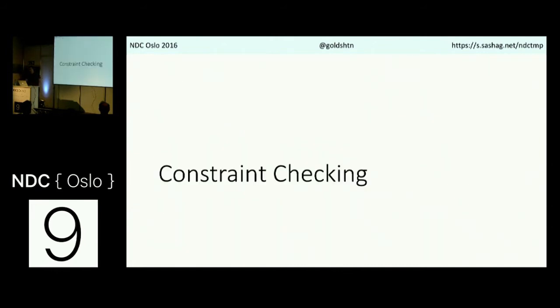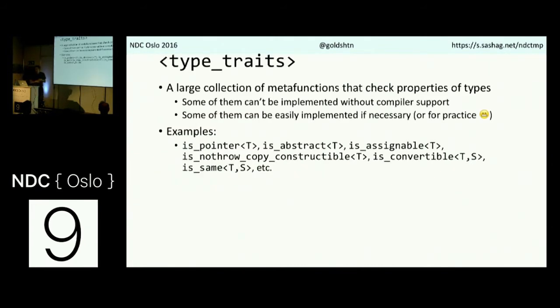So let's start with constraint checking. As you probably know, in the standard library, there's a header type traits, which has a bunch of useful metafunctions, which take types and return, in some cases, values, in some cases, types. Metafunctions basically operate at compile time on types and produce either values like booleans, for example, does a type have a certain property, or other types.